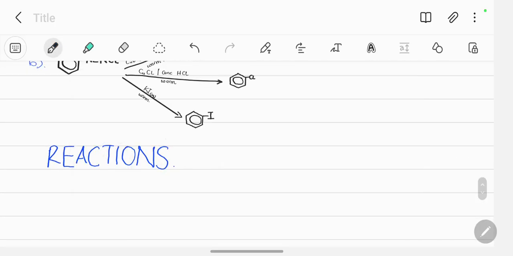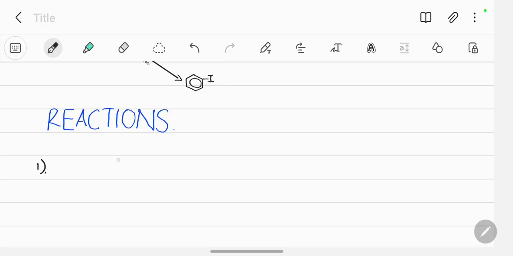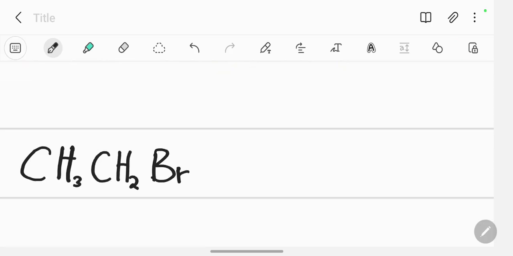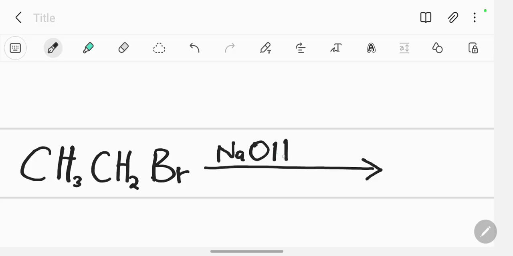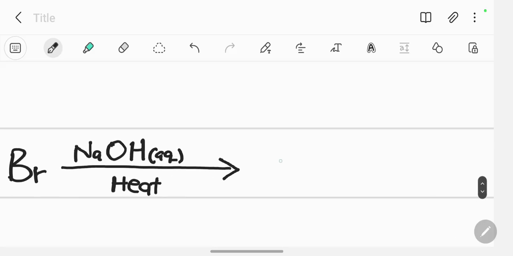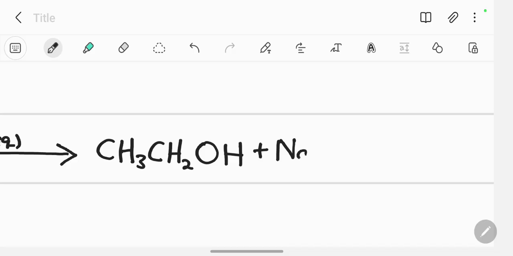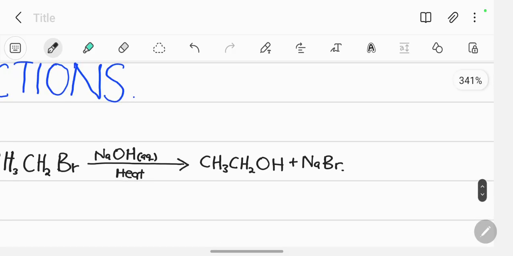So under that, we shall have the first one, which is a reaction between CH3, CH2, Br, and when I add in my sodium hydroxide in aqueous state and heat, this one gives me straight CH3, CH2, OH, and sodium bromide there.